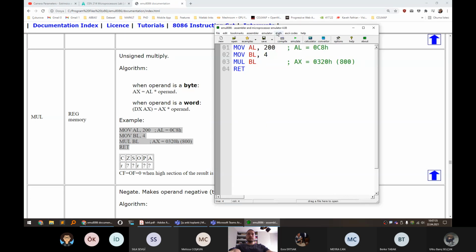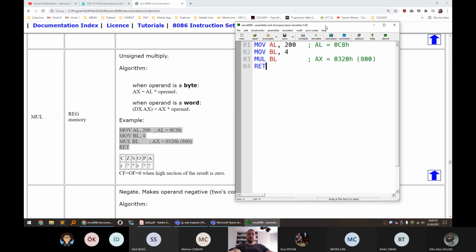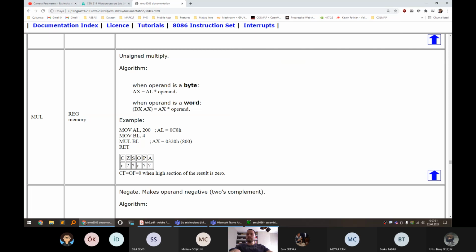Let me copy this example. For example, AL has 200, BL has 4. We keep using AX or AL in our multiplications. It didn't change. If it is byte, it multiplies with AL. If it is word, it multiplies with AX.